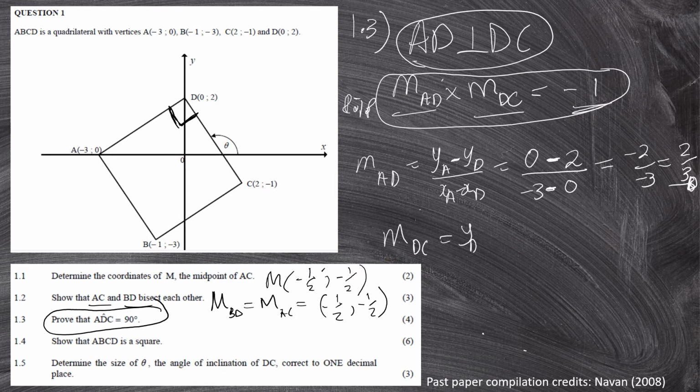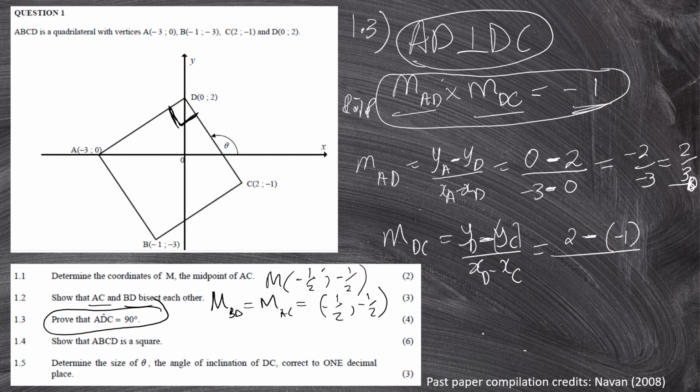It will be y at D minus y at C over x at D minus x at C. What is our y at D? Our y at D is 2 minus, what is our y at C? Our y at C is minus 1. So don't make the mistake of saying 2 minus 1, because you have this minus from the formula, but your y at C is actually negative 1.